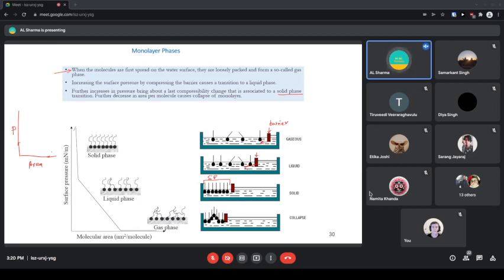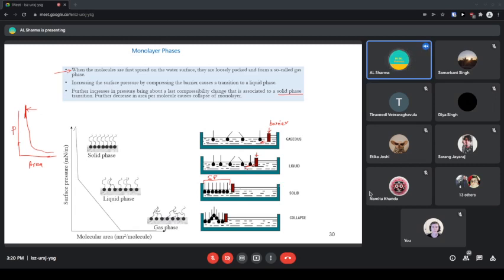So you are looking for your graph to come out in this way. Once you get this straight vertical line, you can say that your materials have already come into the solid phase. So this is not the end.